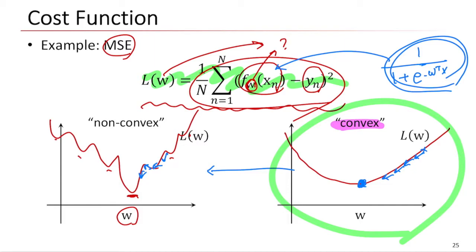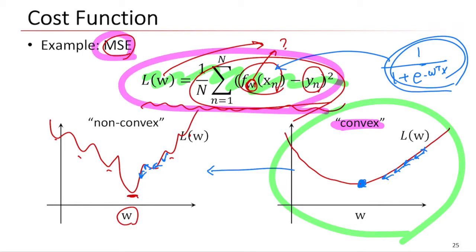Compared to linear regression, for logistic regression we need another cost function. For example, if we use the same cost function, the MSE used in the linear regression problem, the shape of the cost function looks like this, right?